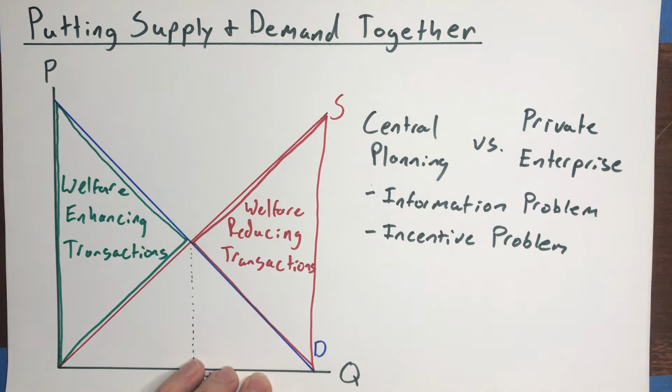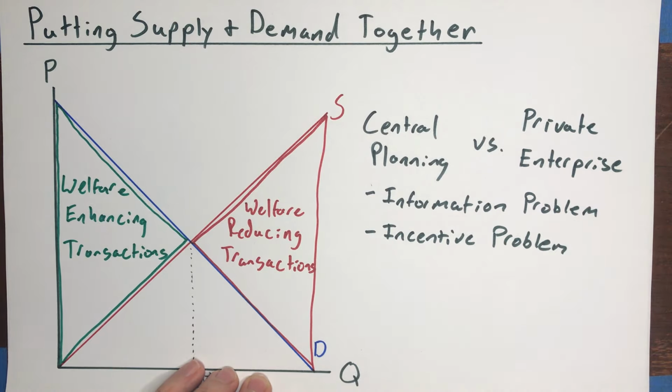So to understand why private enterprise might work better, we need to think about the role of prices in a market. Okay, so we've got our supply and demand curve. This is the quantity of units that we want to trade at that intersection of supply and demand. And now consider what would happen in terms of voluntary action if the market could get the price exactly right.